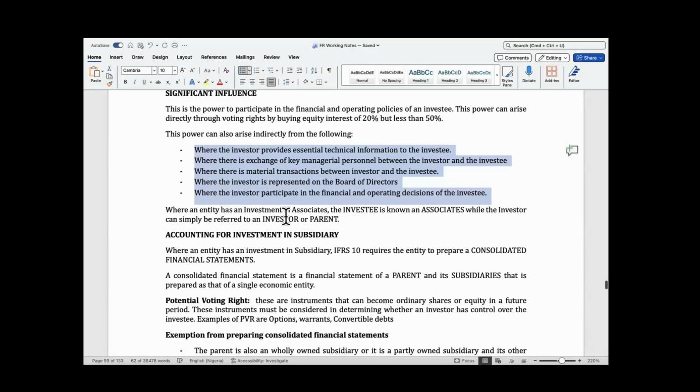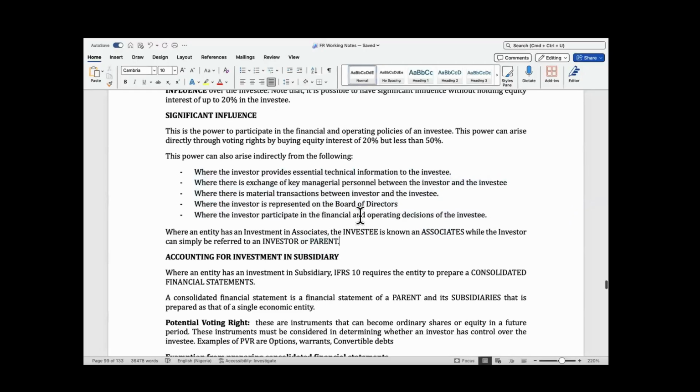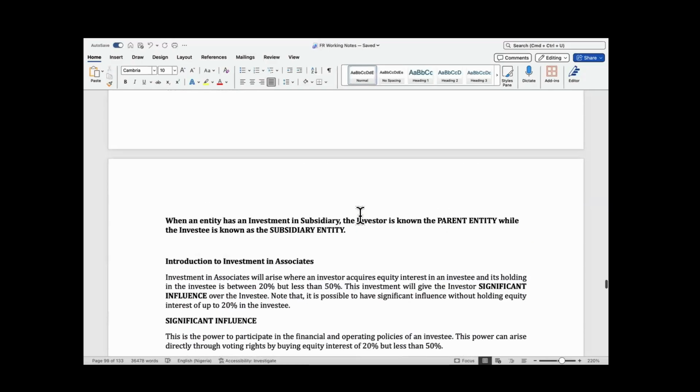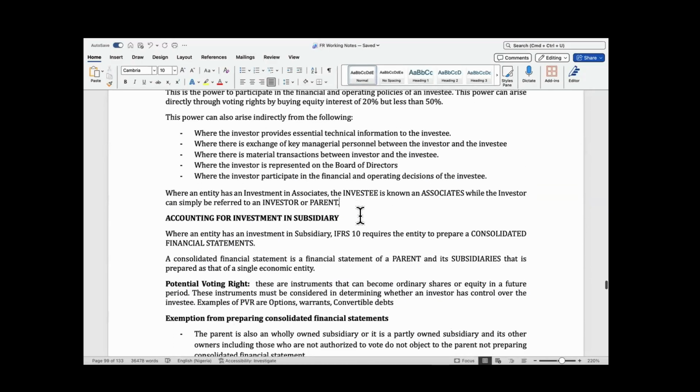So when an entity has an investment in associates, the investee is known as the associate, and the investor is known as the investor or a parent. And that's the introduction to investment in associates.